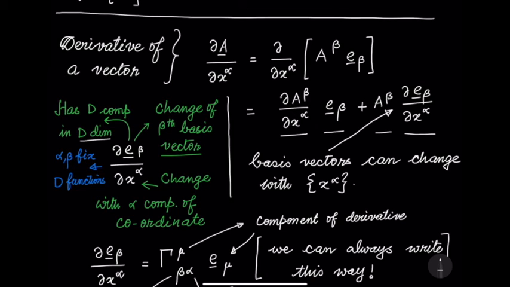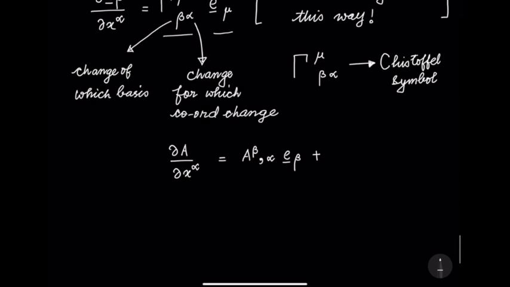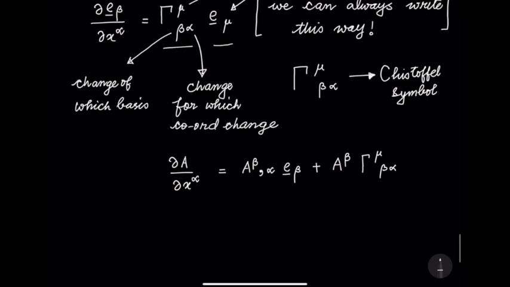It was A beta del E beta del x alpha. So I'll have A beta comma mu beta alpha and E mu.